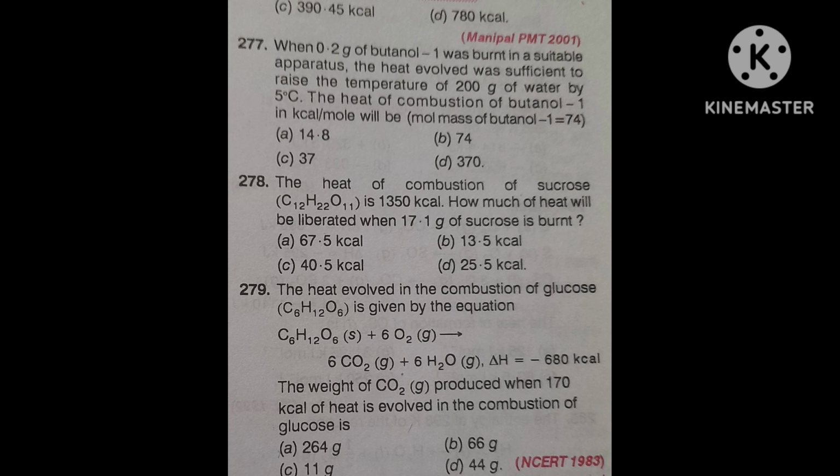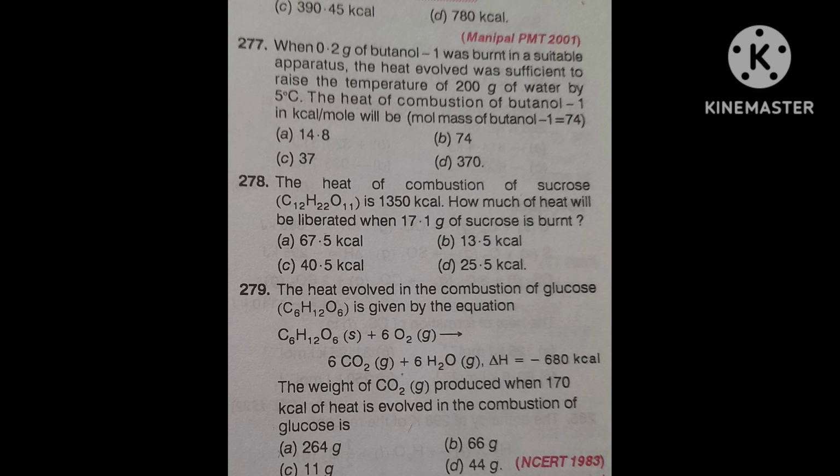Again I am repeating the question. When 0.2 gram of butanol-1 was burnt in a suitable apparatus, the heat evolved was sufficient to raise the temperature of 200 gram of water by 5 degrees centigrade. The heat of combustion of butanol-1 in kilocalorie per mole will be?